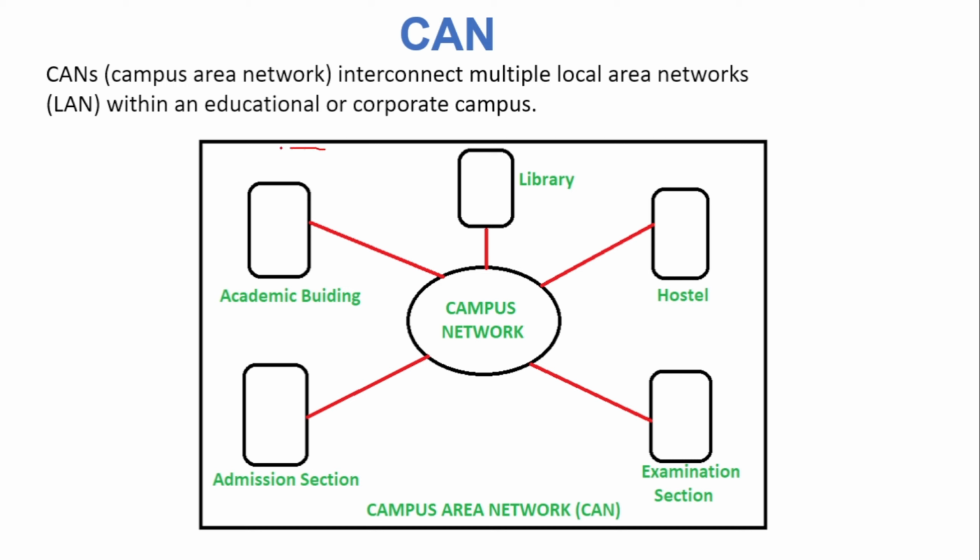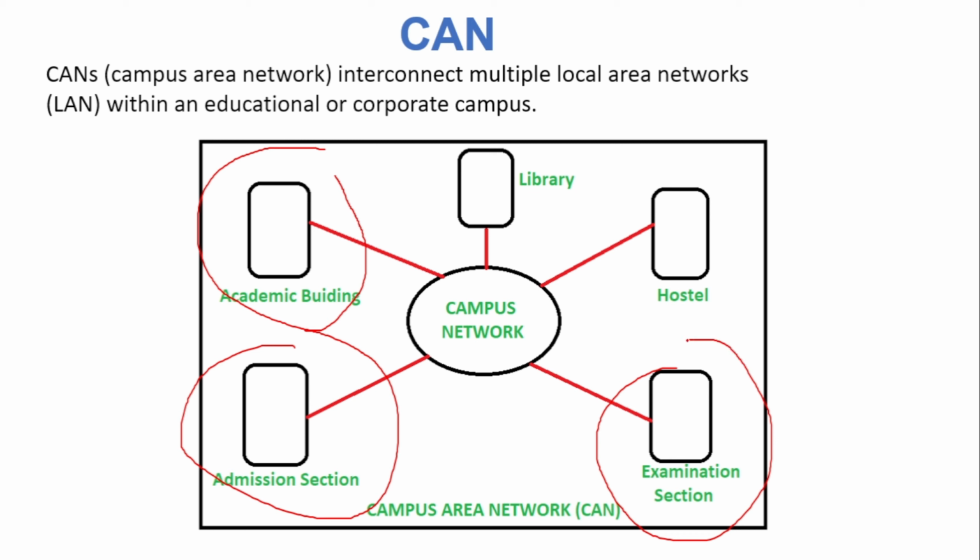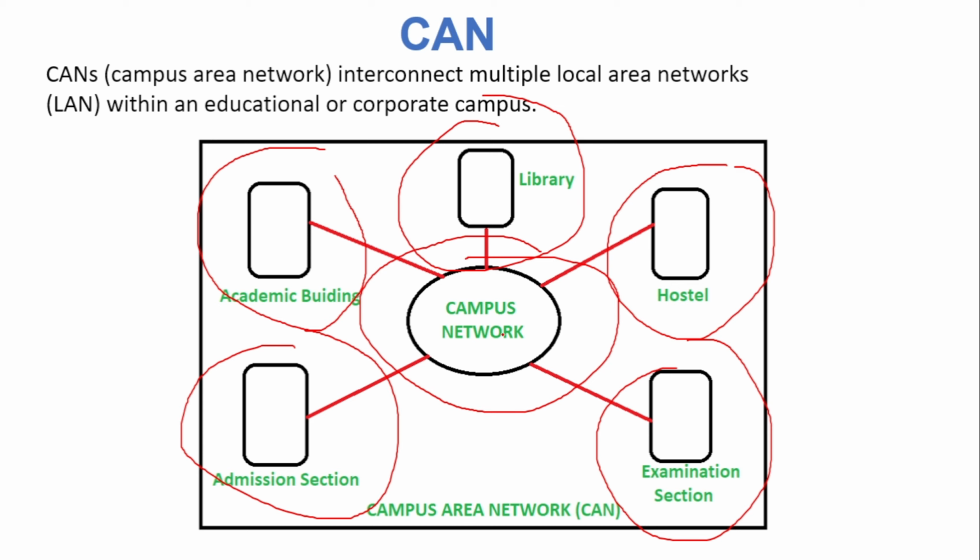So you can have the academic building, the admission section, the exam section, the hostels, the library. Now inside these buildings in this university, you have different LANs. The interconnection of these LANs together is what we call a campus area network.